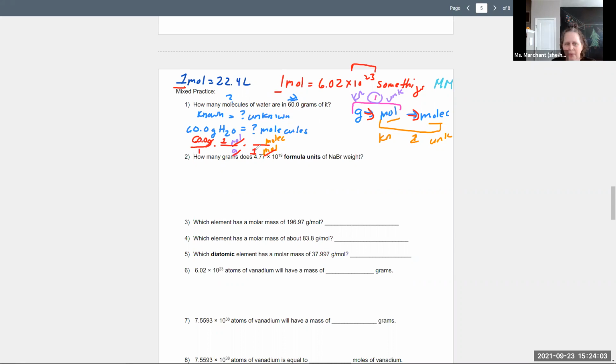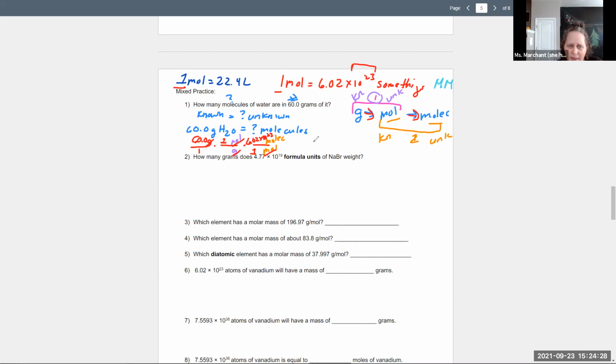That changes for module 5, but for module 4, whenever you see a mole in a conversion, it's 1. Whenever you see molecules or something, atoms, formula units, compounds, there's a whole list, that's when you put in the number 6.02 times 10 to the 23rd.